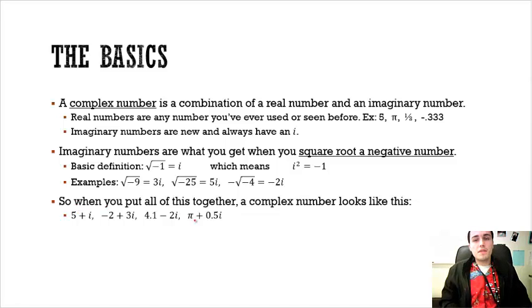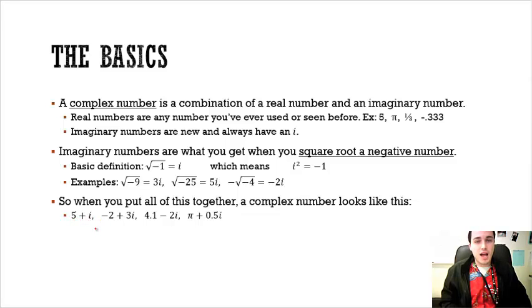So when you put all of this together, what a complex number looks like is these examples here. A combination of a real part and an imaginary part. And these things must be added or subtracted together, where of course these are not like terms.